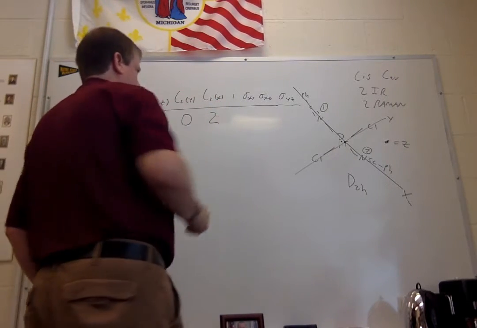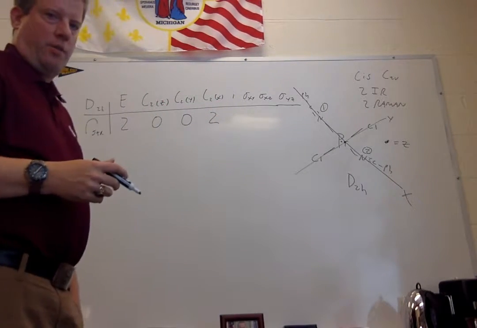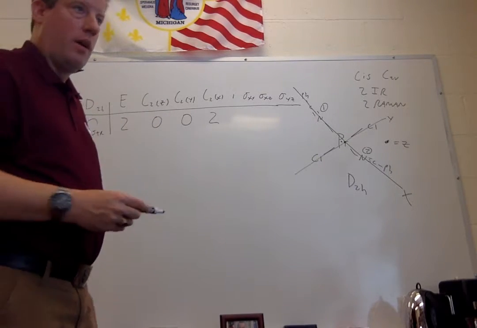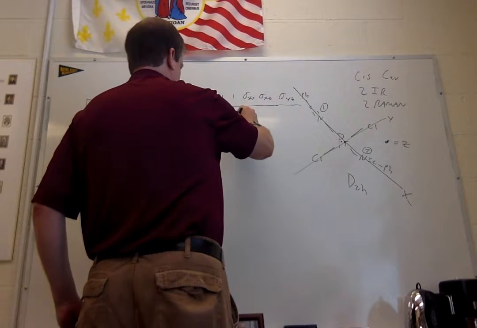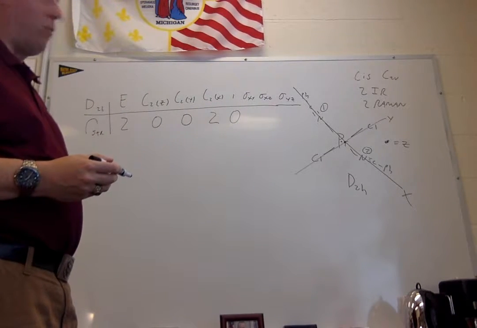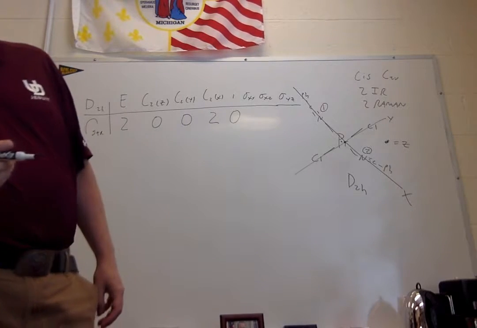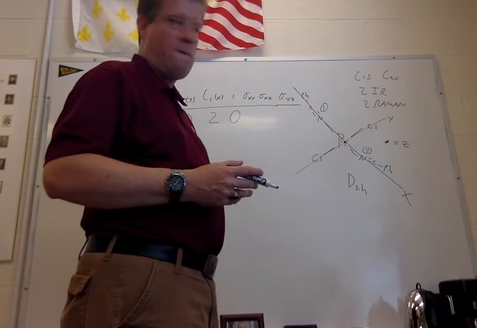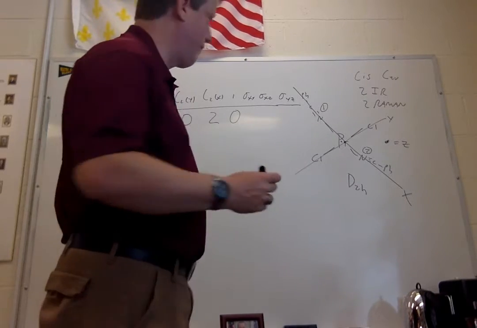That's a 2. And as I've alluded to in class before, the inversion center swaps everybody everywhere, and so as a result, those will also change places, and that's a 0. The xy plane, which is the plane of the board, those don't go anywhere.